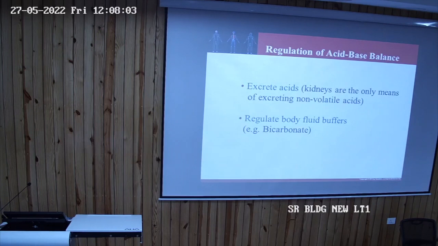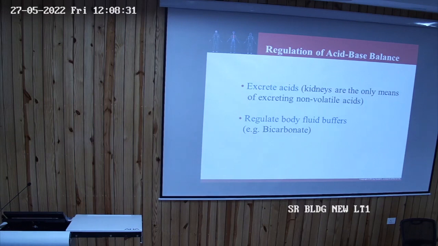Excrete acids. Now, you have studied the respiratory system? If there is an increase in carbon dioxide concentration, which acid will increase in the body? Carbonic acid. This is the only acid known as a volatile acid.